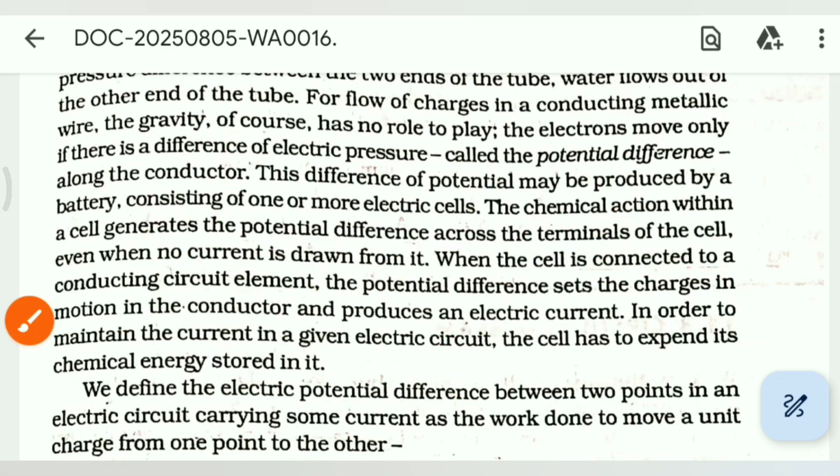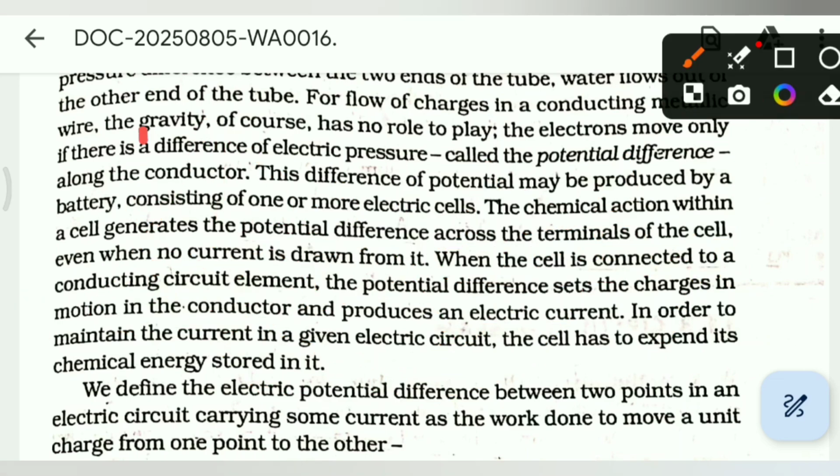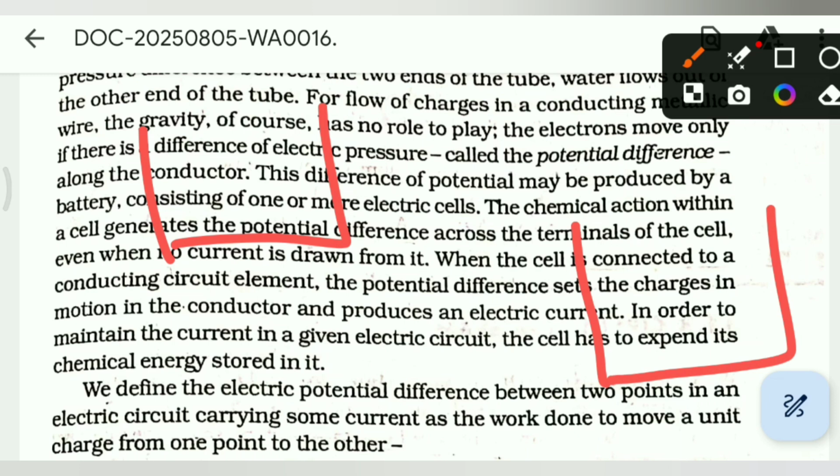But if I take one beaker at a height and another beaker at a lower side, connected with a pipe, the first beaker is full of water and the next beaker has a lesser amount of water. Now you can tell that the water passes from this one to that one.